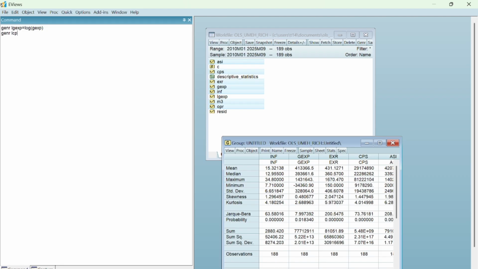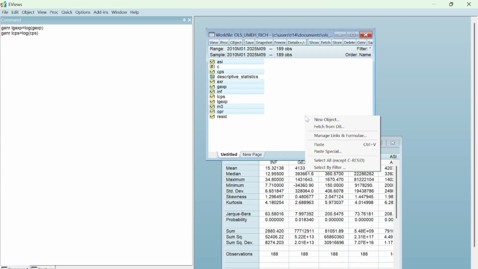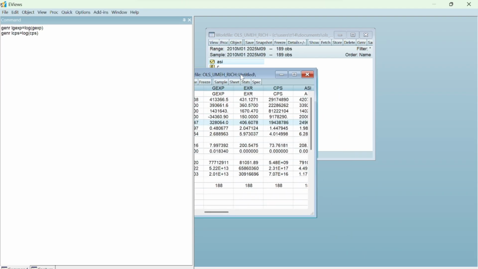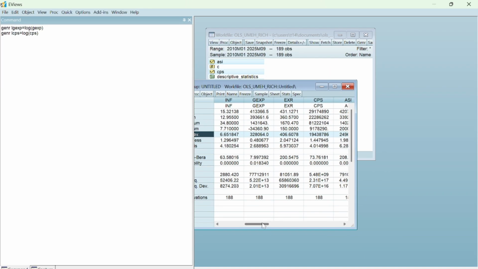Then you do the next one for CPS. You say LCPS equals log CPS, and click OK. Credit to private sector is there for you. The next one is the all share index. Let me click on this description so I can see them well.